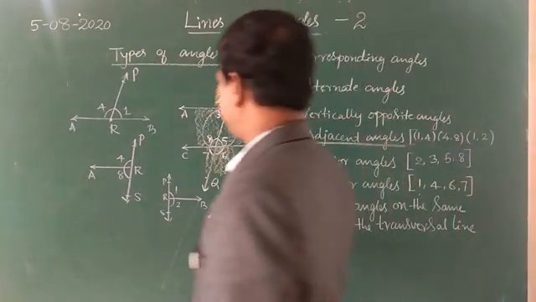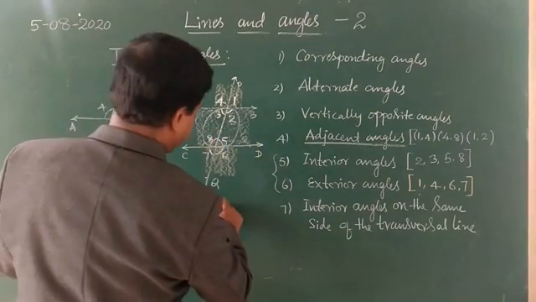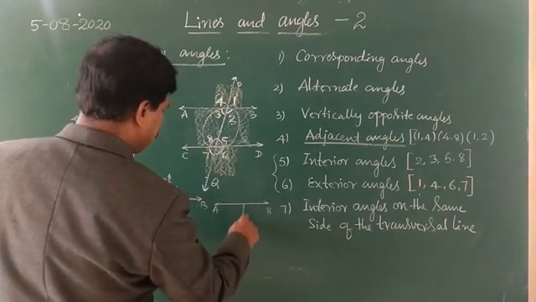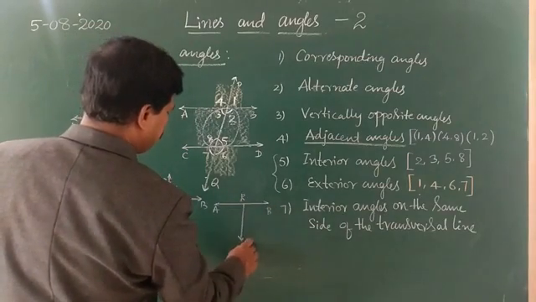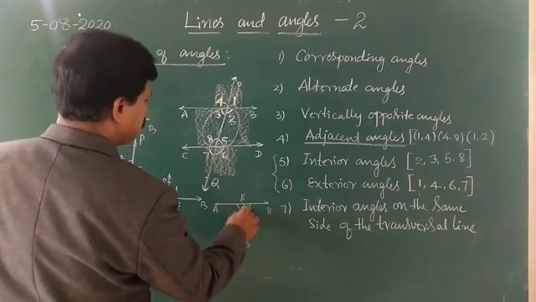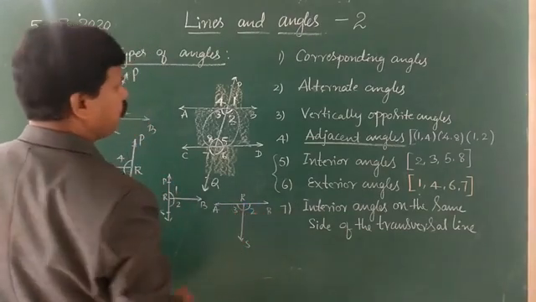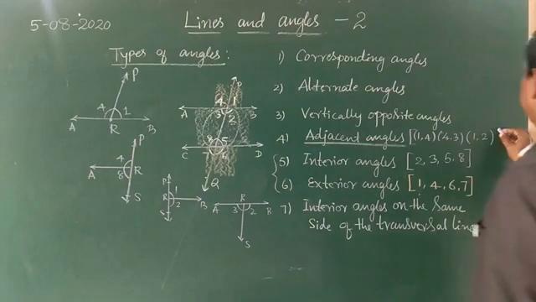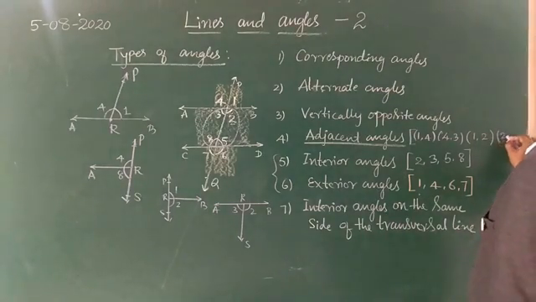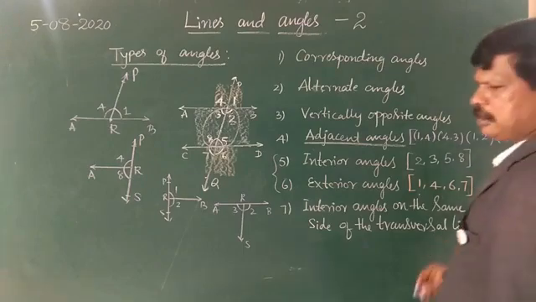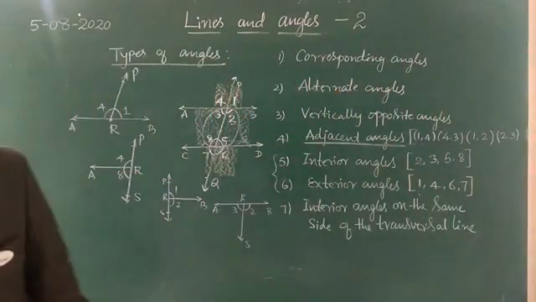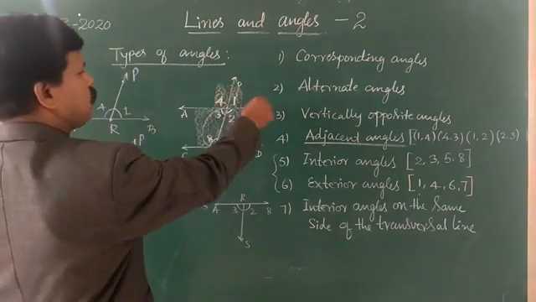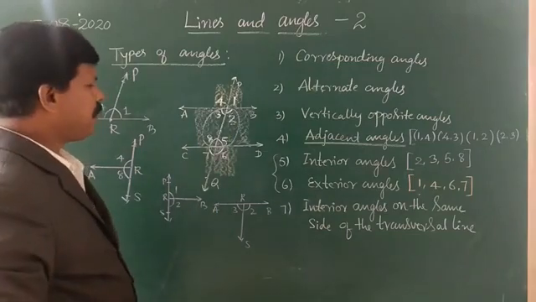And here, next I am taking this, look at this, A, B, and here is R, S. So when you consider this 2 and 3, so here is 4 and 3, 3, 4, and here is 2, 3. So these are adjacent angles, one set of adjacent angles with respect to these two lines, AB and PR.